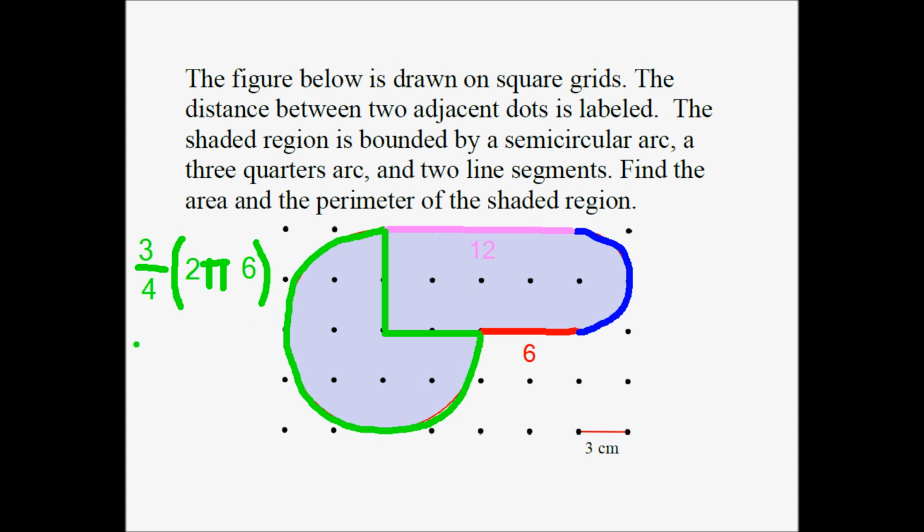Now you can do a little bit of math here, 2 divides 4 and you get 2, so you're going to get 9 pi. Nine pi turns out to be 28.27.